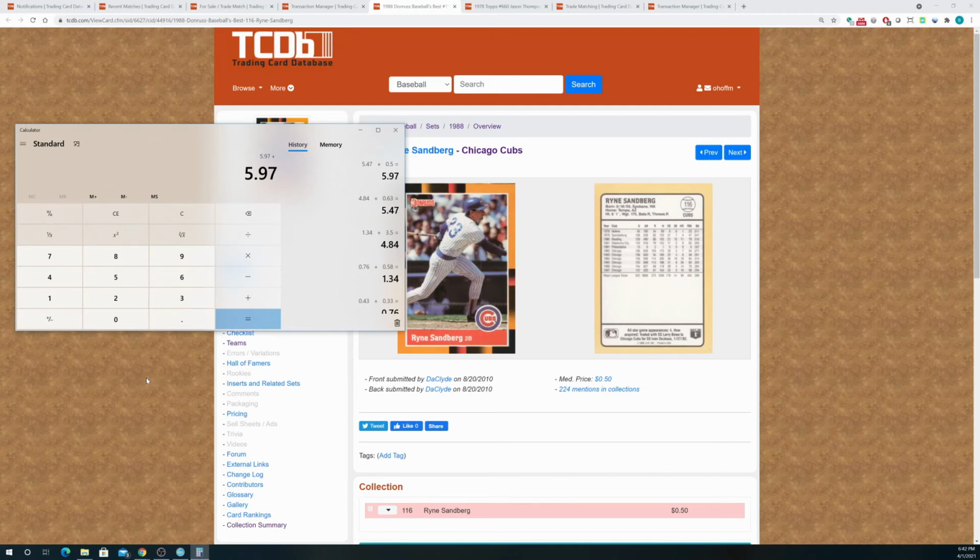The pricing is, again, not accurate in a lot of cases, but at least it should be inaccurate in a similar fashion. So if you say, well, this card's only worth 10 cents and it says 50, usually it's not wildly like this one is way overpriced and this one's way underpriced.